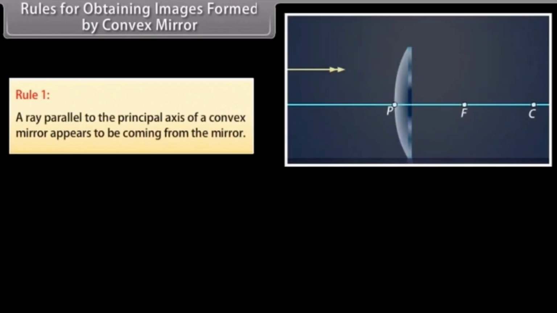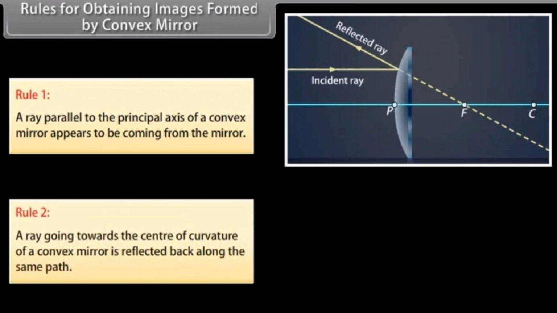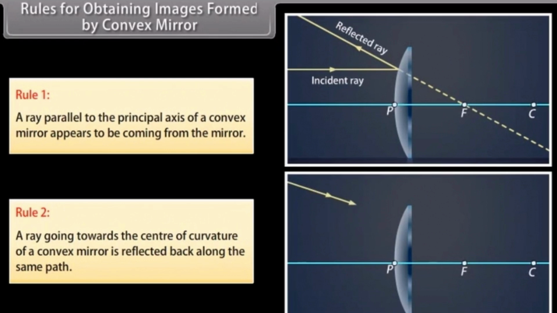Rules for obtaining images formed by convex mirrors. Rule 1. A ray parallel to the principal axis of a convex mirror appears to be coming from the focus behind the mirror. Rule 2. A ray going towards the center of curvature of a convex mirror is reflected back along the same path.